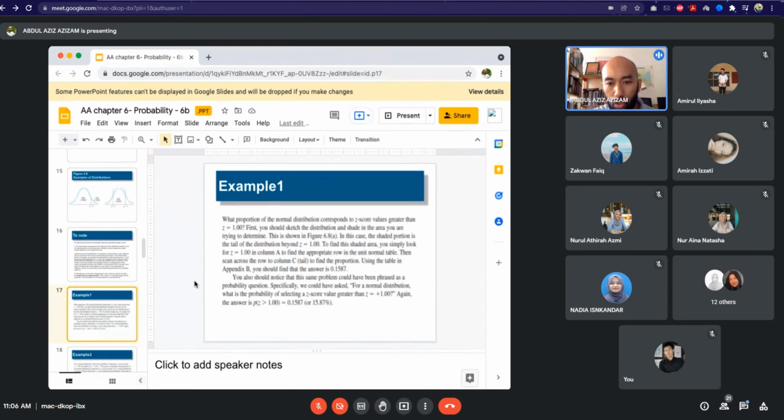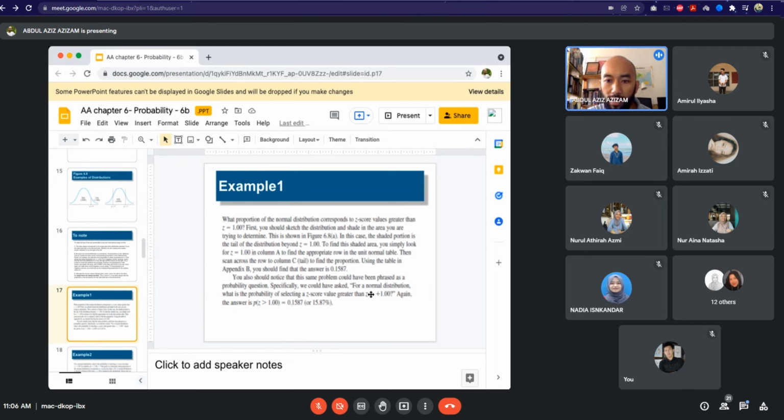Okay. You also should notice the same problem could have been phrased as a probability question. Specifically, we could have asked for the normal distribution, what is the probability of selecting z-score value greater than z equal to 1? Again, the answer is P(Z greater than 1) ataupun 0.1587.